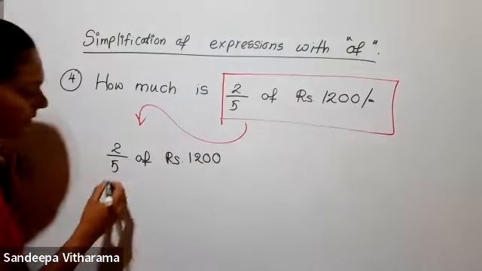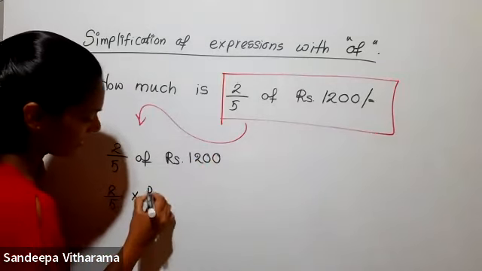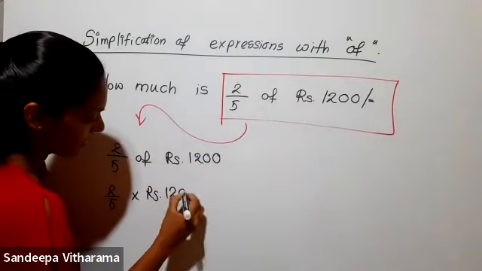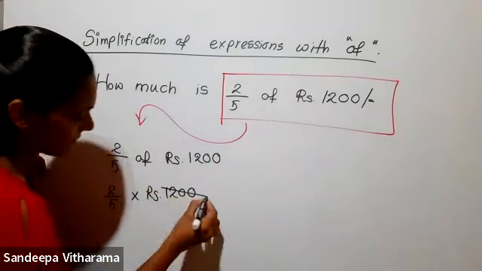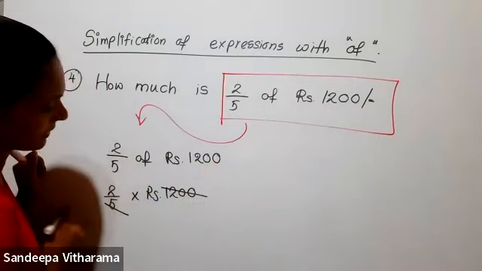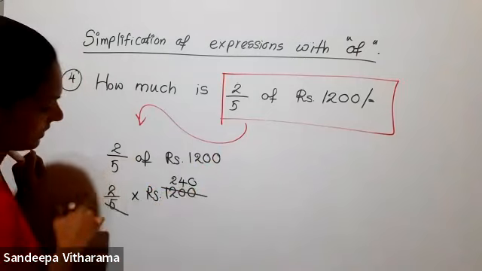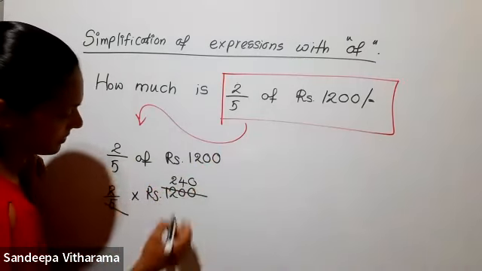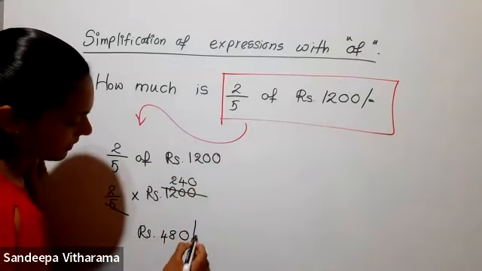Now, of term is replaced by multiplication. 1,200 divided by 5, which is 2, here 4, 240. Then multiply by 2: 0, 8, 4. So the answer is 480.